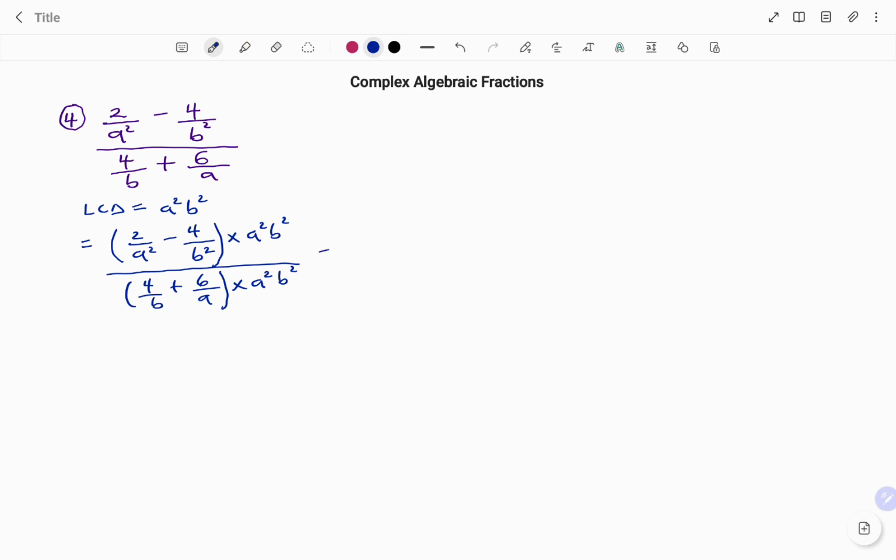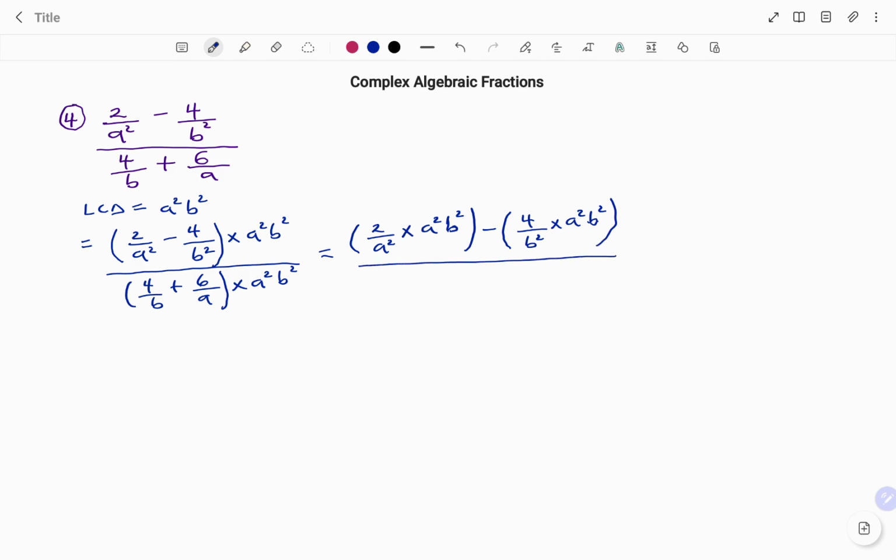Expanding, we have 2 over a squared multiplying the LCD. What I'm doing is I'm simplifying by multiplying all the terms in the bracket by the LCD, or expanding, we have 4 over b squared times a squared b squared, close bracket.